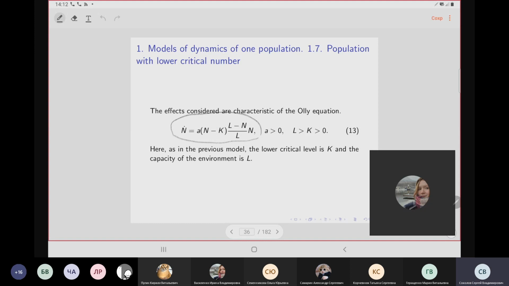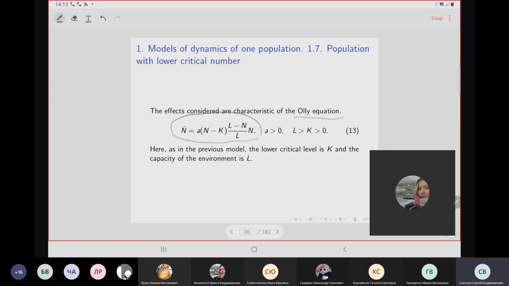So if for some biological model we know the lower critical value and we know the capacity of the environment L, then we can write some proper model for this population. It is called the Ollie equation. Ollie equation.